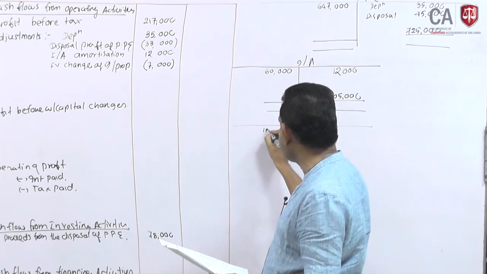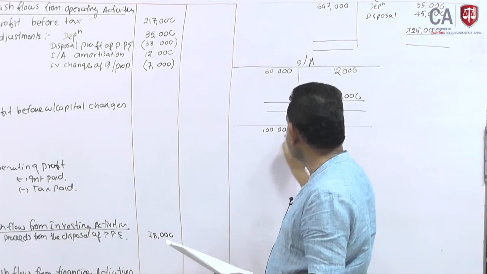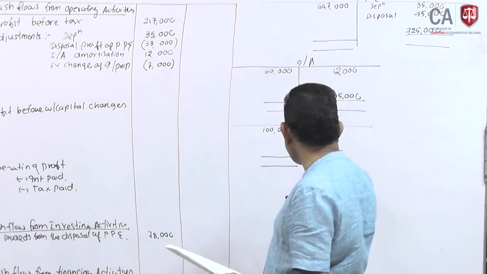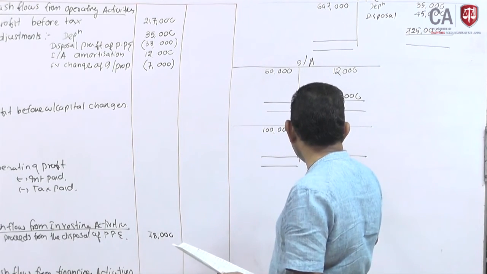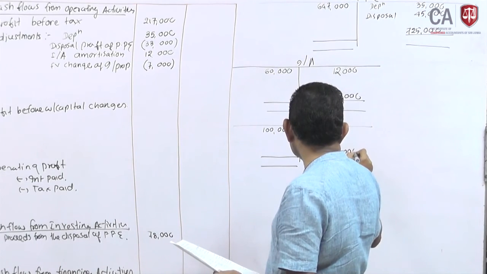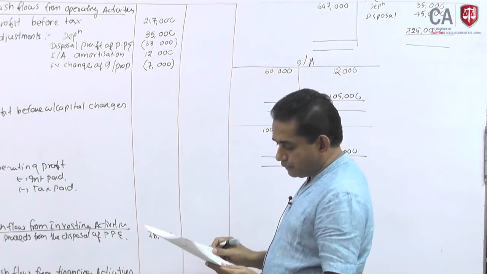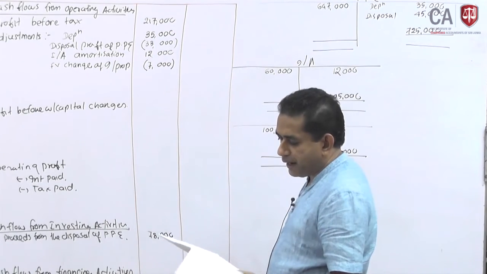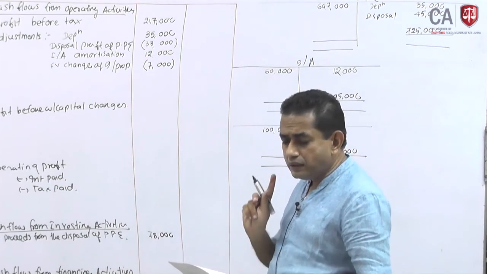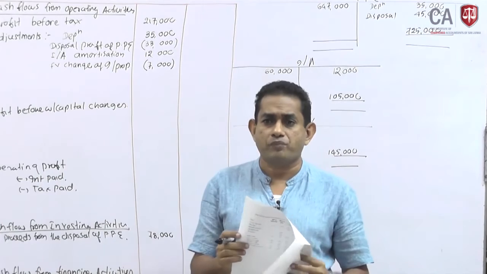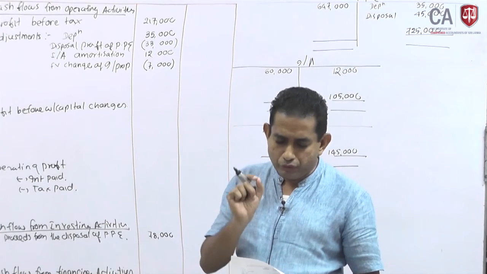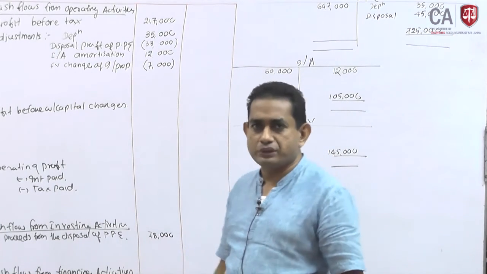Opening balance is 100,000, closing balance 145, and if you see the profit and loss extract under OCI, have they shown the fair value change of investments?